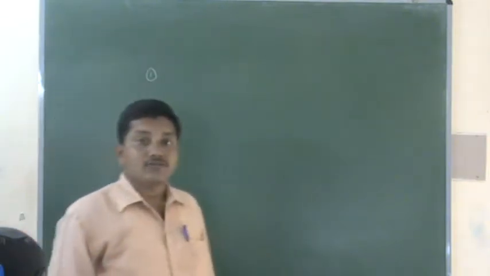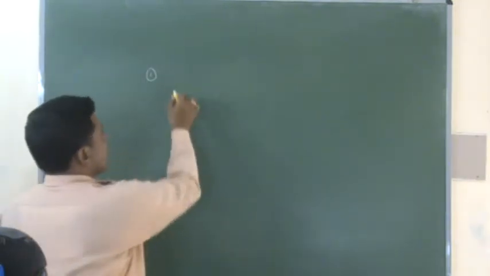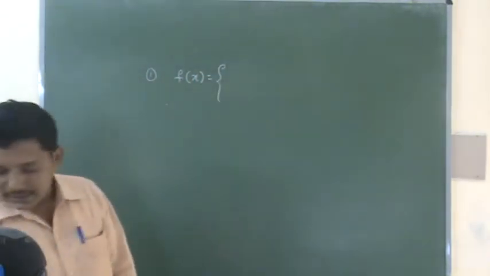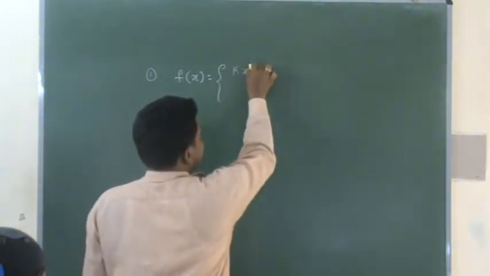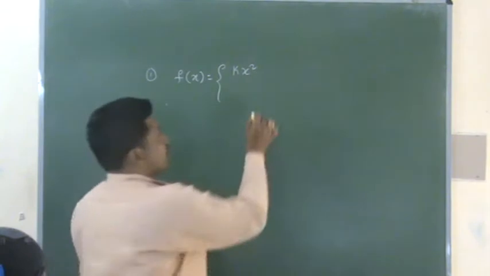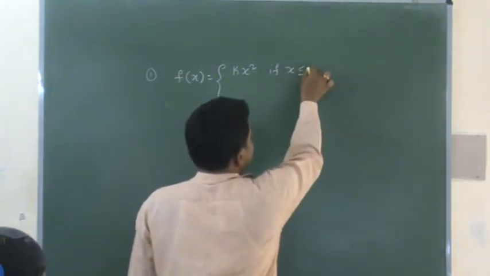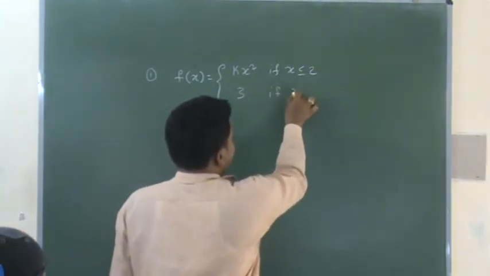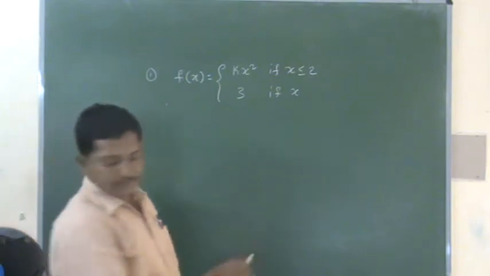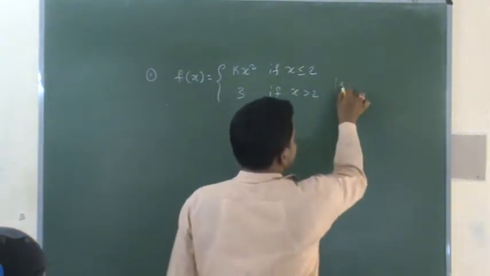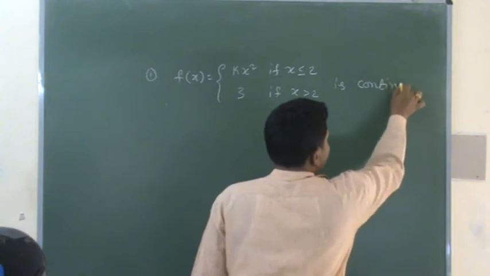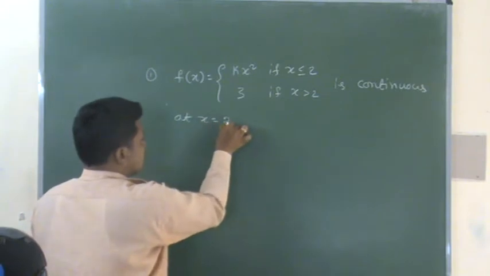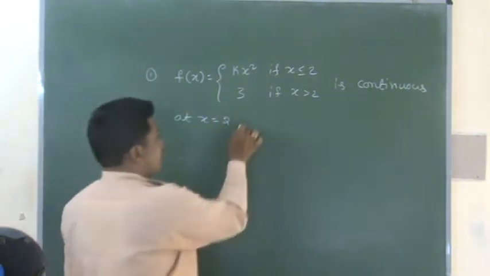In your material, this is question 27. So f of x is equal to kx square if x is less than or equal to 2, 3 if x is greater than 2, is continuous at x is equal to 2, then find the k value.